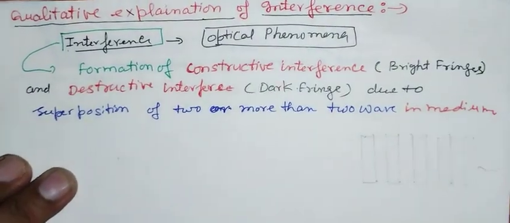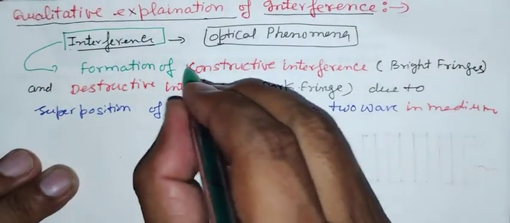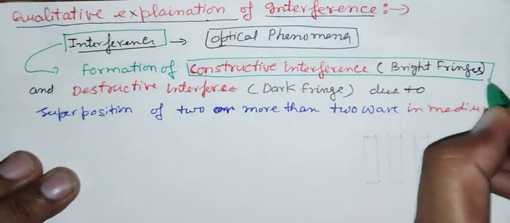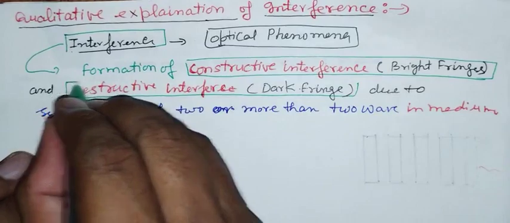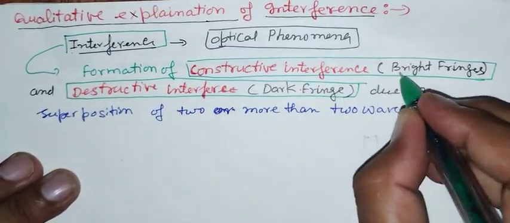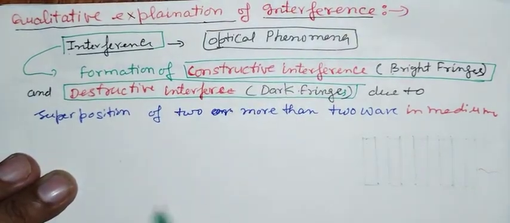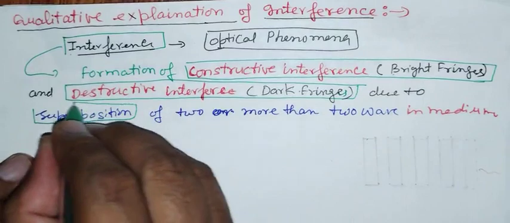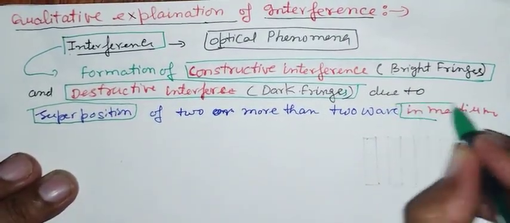So it must be clear to everybody that interference is the formation of constructive interference and destructive interference. Constructive interference refers to bright fringes and destructive refers to the dark fringes. The principle involved is the superposition of two or more waves in the medium.